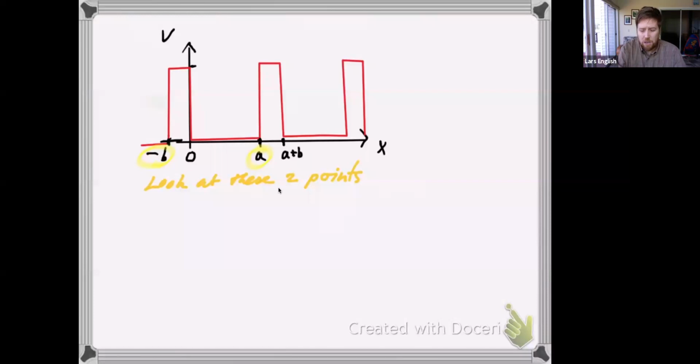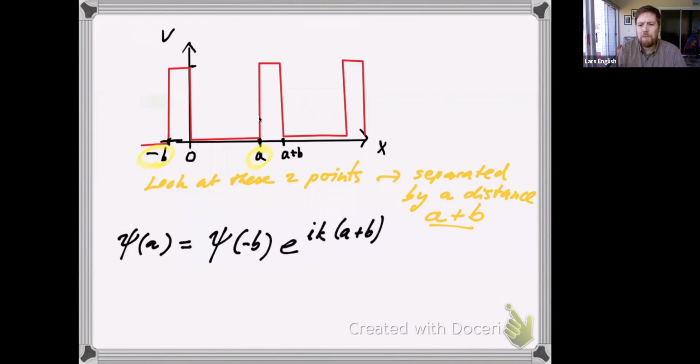Those 2 points are separated by a distance A plus B. So whatever the wave function does here, compared to what the wave function does here, according to Bloch, we've advanced by A plus B. And so we know that whatever the wave function does here, it has to be equal to that, but we allow ourselves a phase factor to come in.